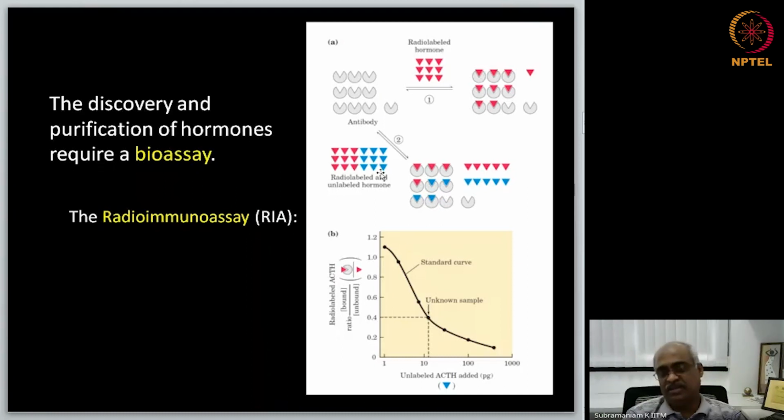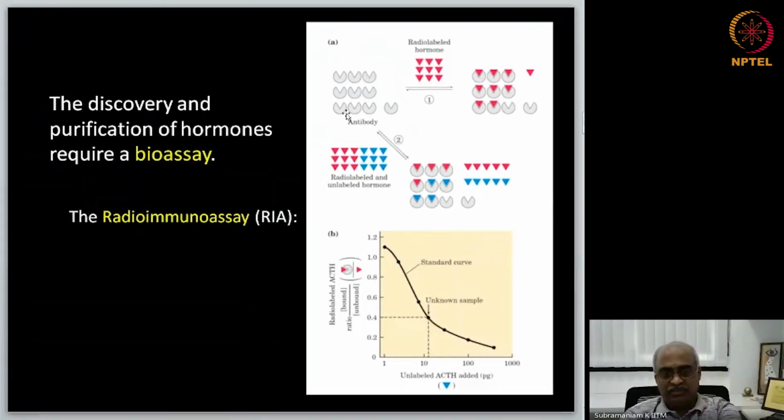In other words, the unlabeled one will compete with the labeled one. How much of the labeled one is in the free form and how much is in the bound form is a function of the amount of the unlabeled one. That is the basic principle of radioimmunoassay, and that is how you quantitate.